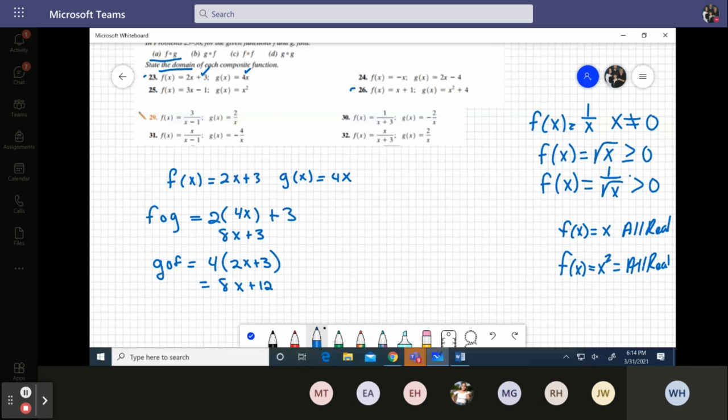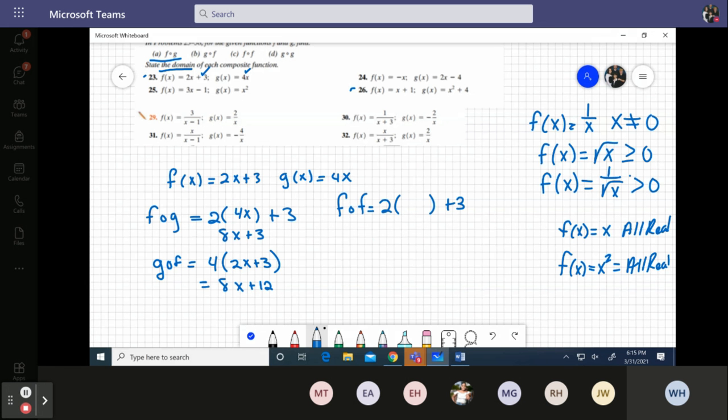Sometimes they'll just make a composite function out of itself. So if I have f of f, can I not write that? Then I'm going to have 2, drop the x, plus 3.